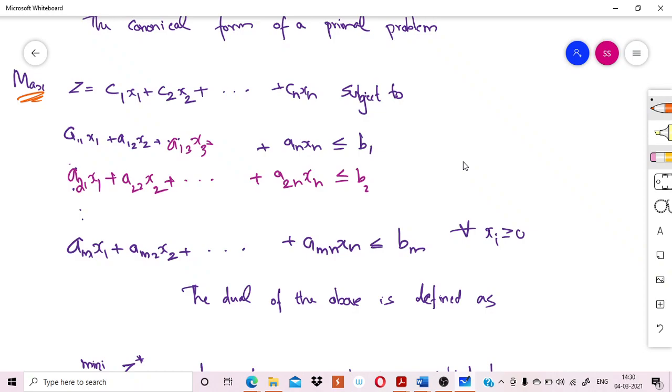So our canonical form will be, this primal problem is minimize Z is equal to, and this less than or equal to becomes greater than or equal to. Only that difference, and the rest of the form is the same.